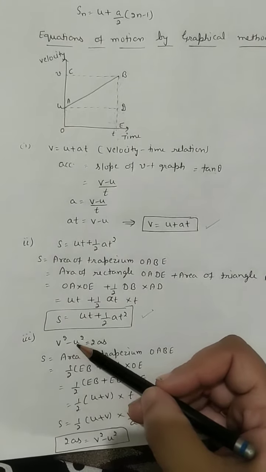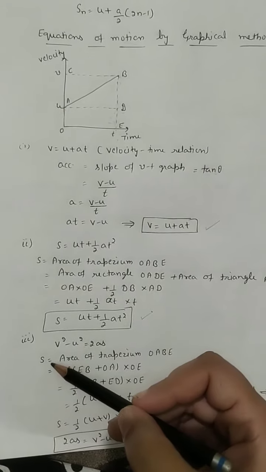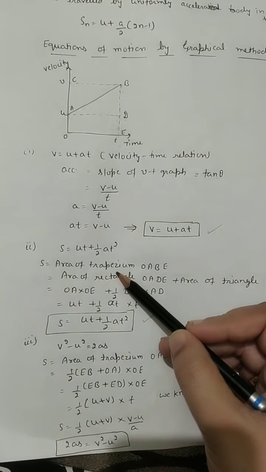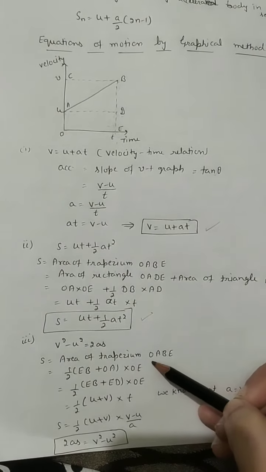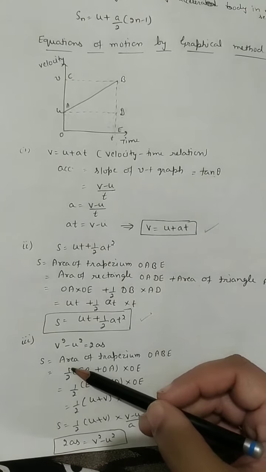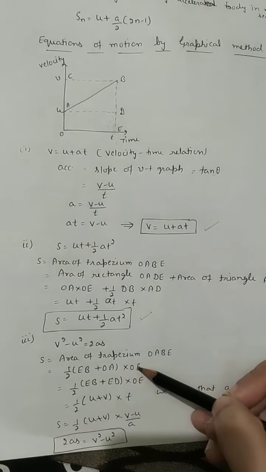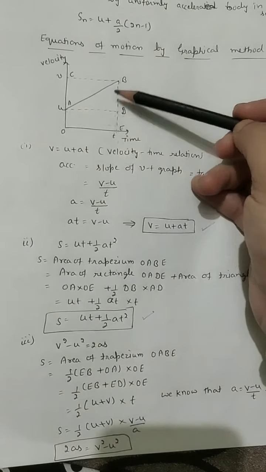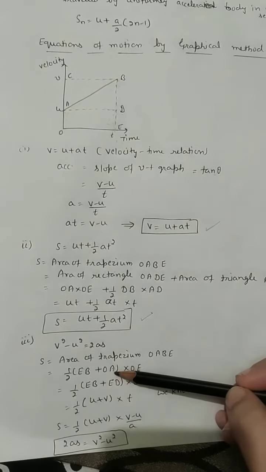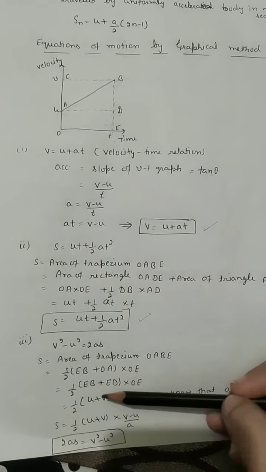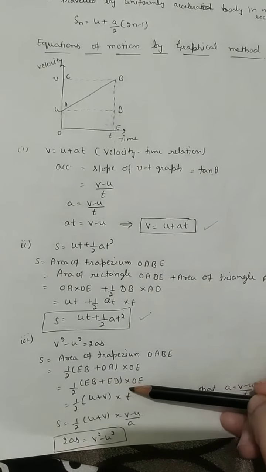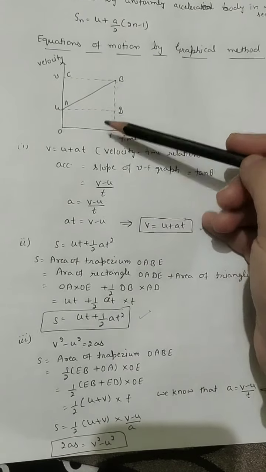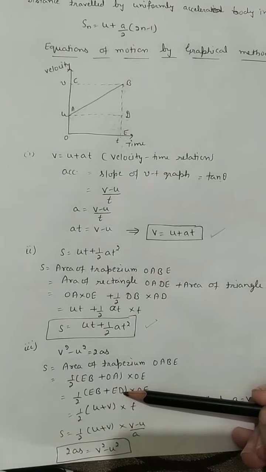The third one is v square minus u square is equal to 2as. Again, we use the same graph. S is the area of the trapezium OABE, or the area of the vt graph, which gives the distance. The area of a trapezium is 1 by 2 into the sum of parallel sides into height. Here the parallel sides are EB and OA, and the height is OE. So 1 by 2 into (EB plus ED), because OA and ED are the same, into OE.